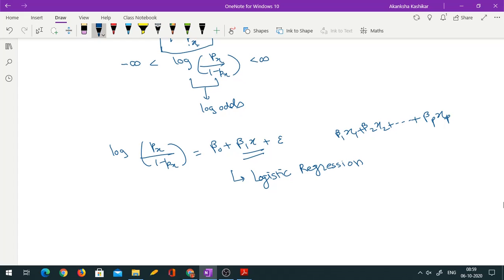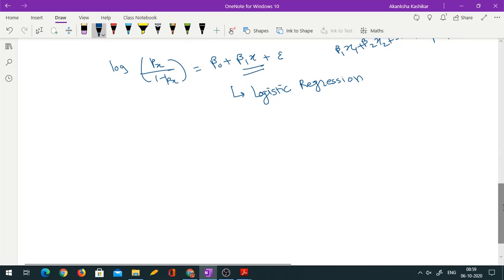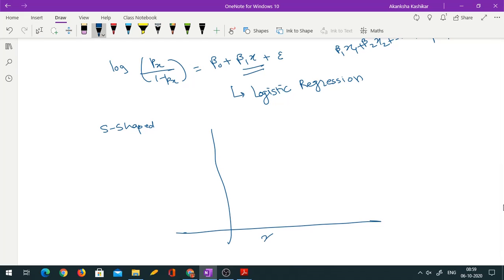Now a couple more things. You might have heard of the S-shaped curve or S-shaped function. From where does it come in? Suppose these are x values, let me take x to be positive, and these are p(x) values, the probability of success for different values of x. So this is 1, this is 0.